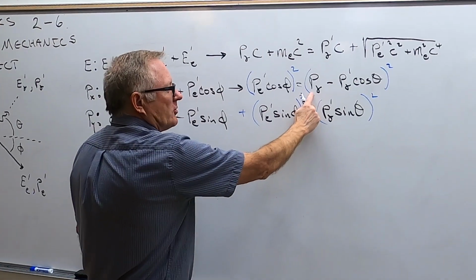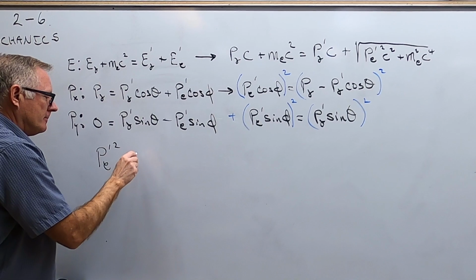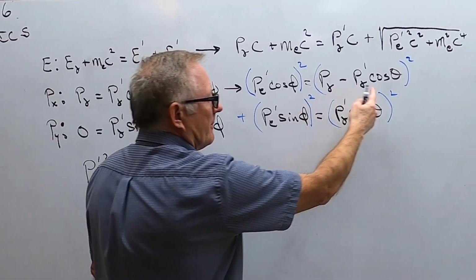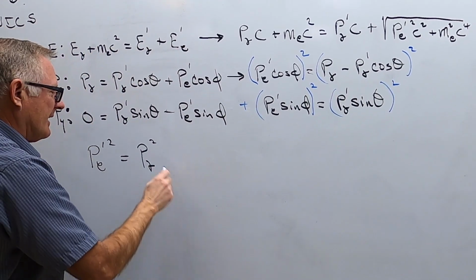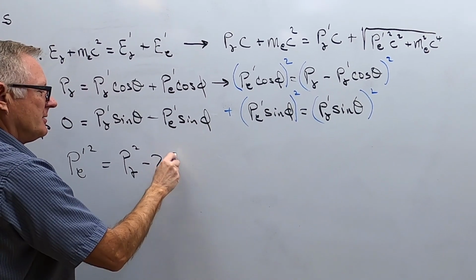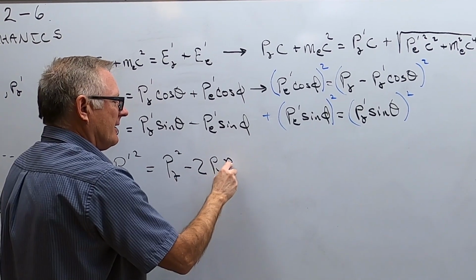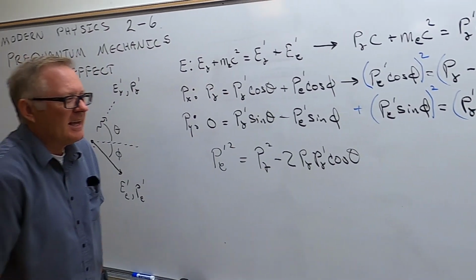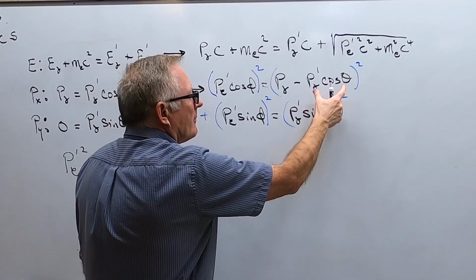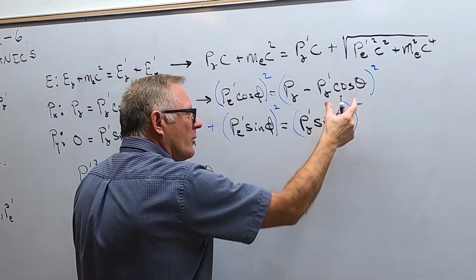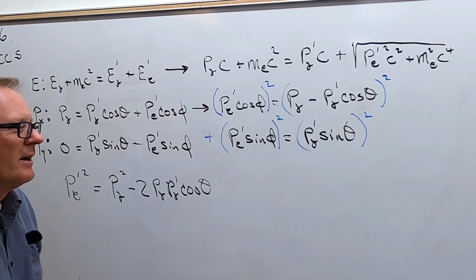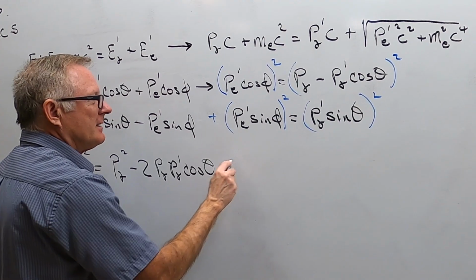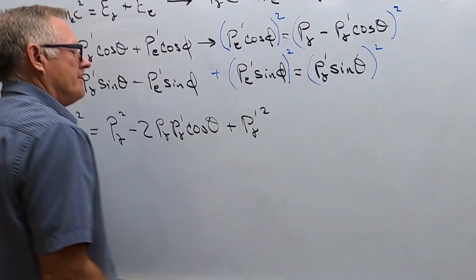Well, this first term squared is p gamma squared. Then I got the middle term here, which is minus 2 times the first times the second, p gamma prime cosine theta. Plus the last term squared, which is p gamma prime squared cos squared plus p gamma prime squared sine squared. The cosine and the sine squared drop out, and this is just plus p gamma prime squared.